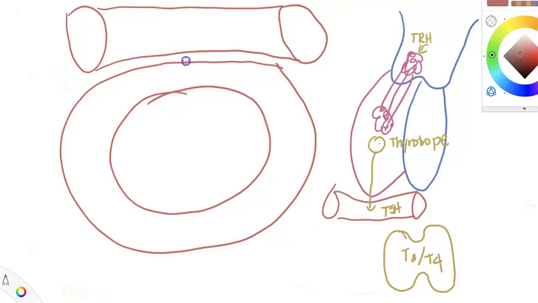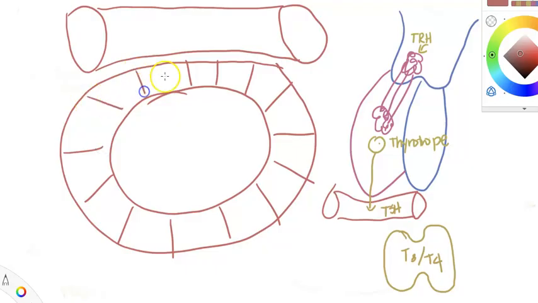So they make little rings. Each one of these is a follicle cell or follicular cell.